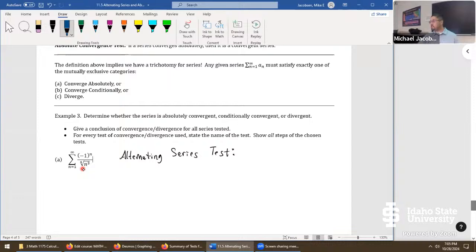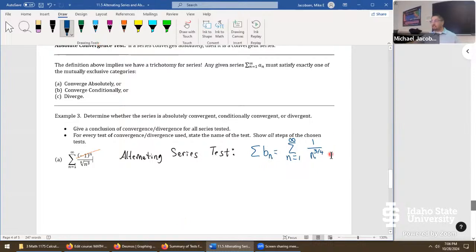We say the summation of Bn is the summation as we go from 1 to infinity. Essentially, we're getting rid of the part that's alternating, and we're just going 1 over the fourth root of n cubed, which is just n to the power 3/4.